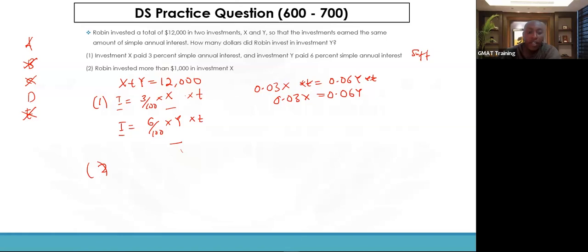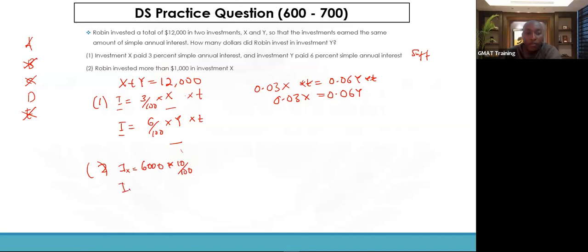In this case, give X and Y 6,000 each. So if X is 6,000 and Y is also 6,000, with both having an interest of 10%, we can have the interest of X as 6,000 times 10 over 100, right?